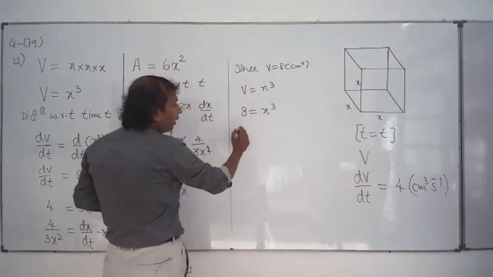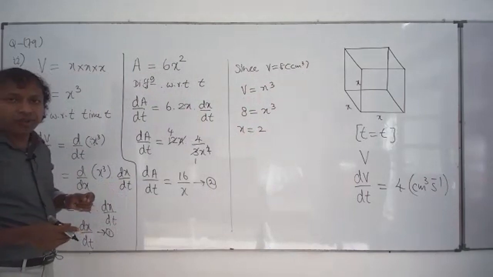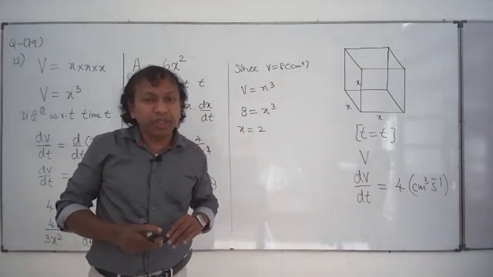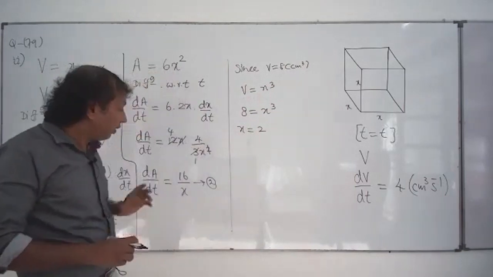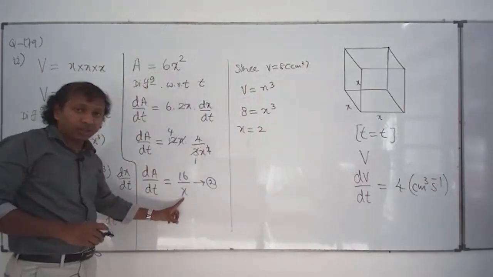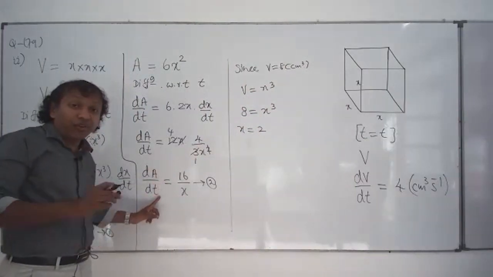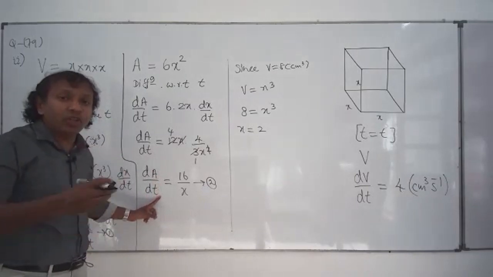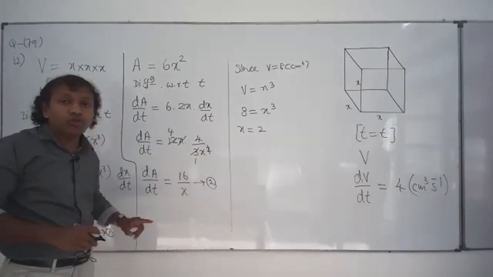When x cube is 8, what is x? x is 2. That means, people, volume of the cube 8 means side is 2. x is 2. Right. Then that 2 we can put here. Then we get the rate of increase in the surface area when the volume of the cube is 8.